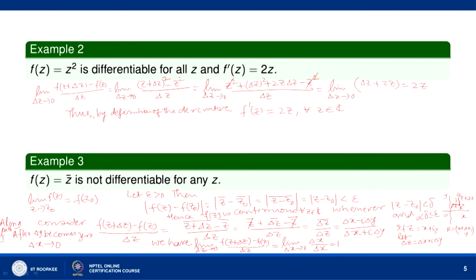So, along path 1, the limit of f(z plus delta z) minus f(z) over delta z as delta z goes to 0 is equal to 1.